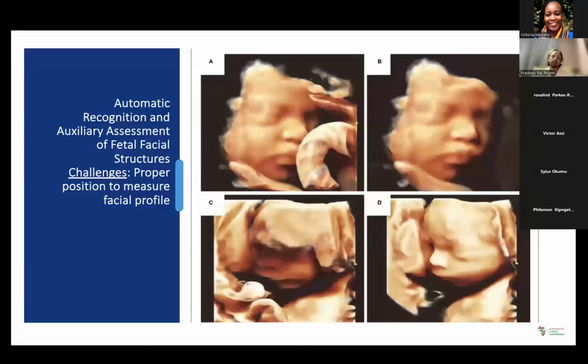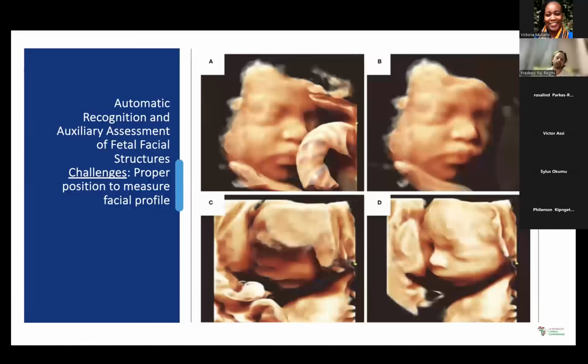Another would be automatic recognition and assessment of fetal facial structure. Many a time we do not get ideal facial structures without hindrance. A lot of the time there will be an umbilical cord or the fetal limbs, as well as a hand or leg.